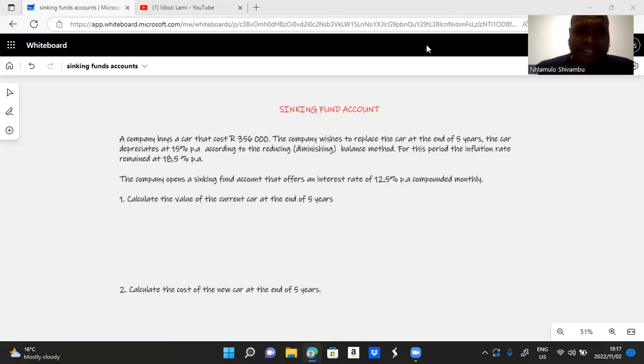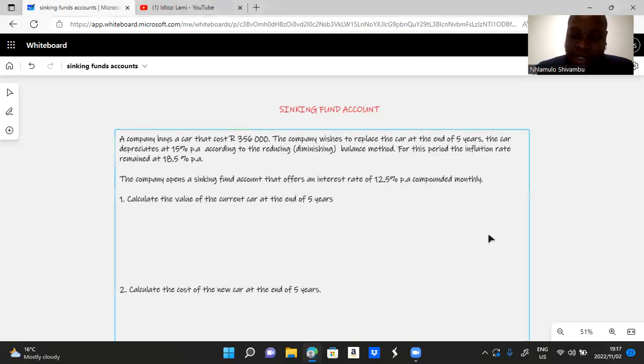So there's a question that I've prepared for you here, which is a question on a sinking fund. But to do justice to a lot of people who maybe don't understand what a sinking fund account is, I think it would be fair if I start by explaining what happens in this type of account, right?